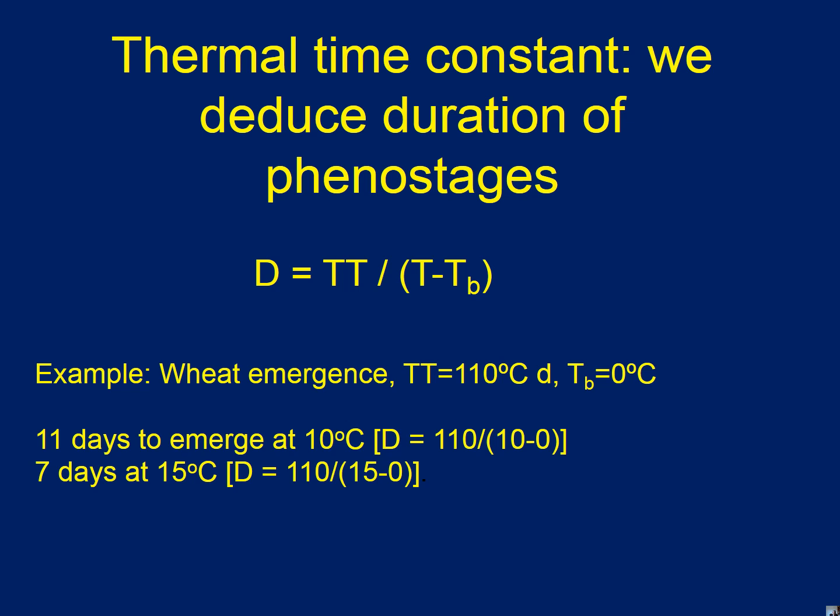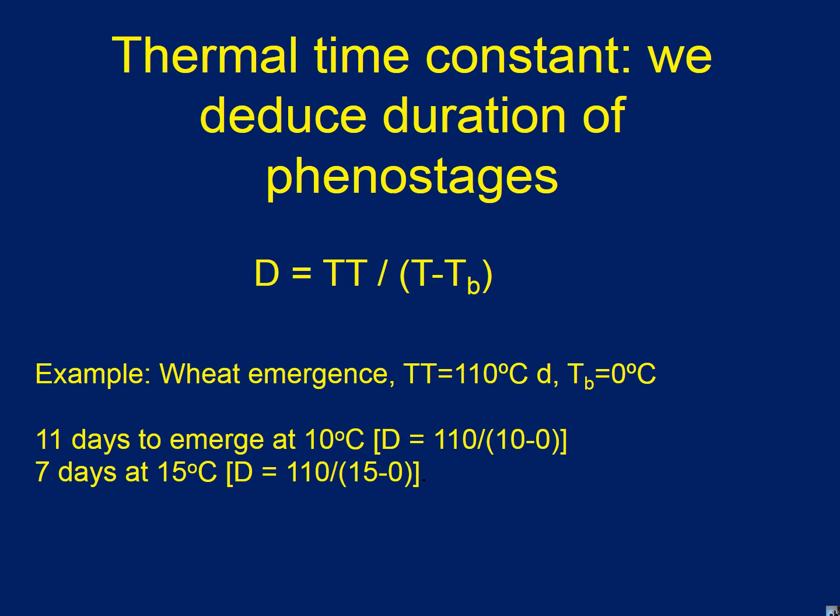For instance, for the emergence of a wheat crop, we require a total thermal time of 110 growing degree days. This is the unit for thermal time, growing degree days, with a base temperature of 0 degrees.